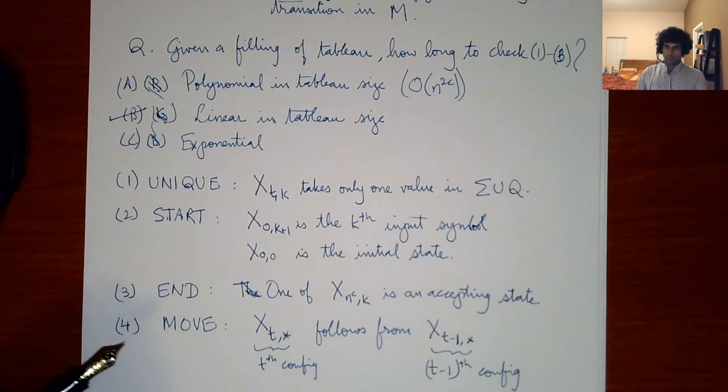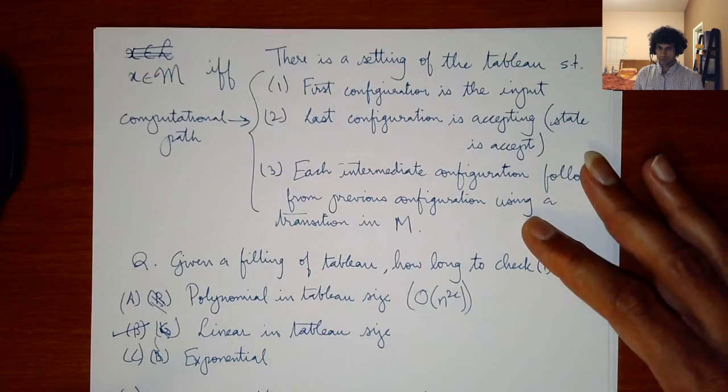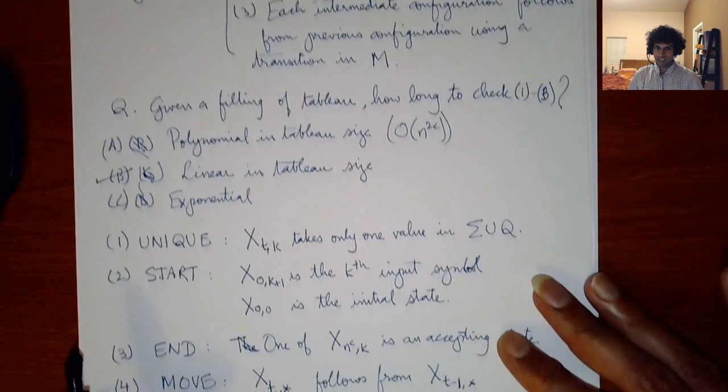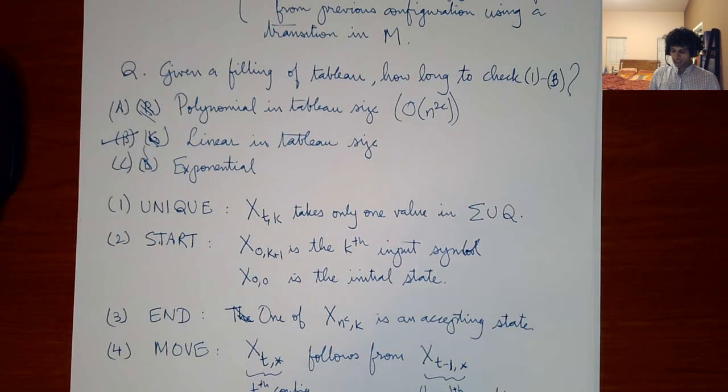So we will break down these conditions, and then we will convert each of these into a Boolean formula by introducing certain Boolean variables. Once we do that, it becomes a mechanical process to convert each of these into a Boolean formula.